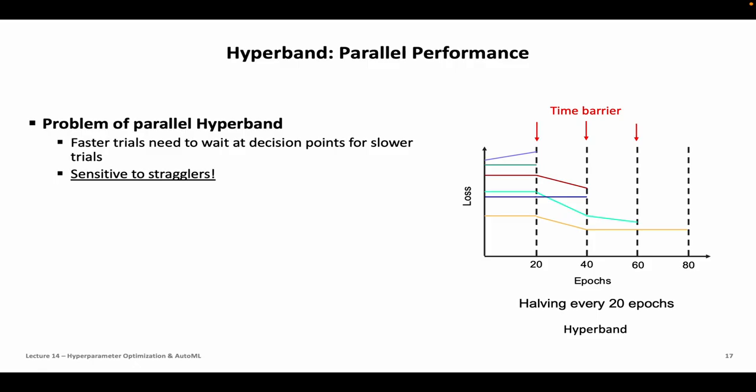So in this case, your algorithm is very sensitive to these stragglers, and these faster trials need to wait for the slower ones before they are allowed to continue. And when you have a very parallel setting with lots of different trials running in parallel, this can essentially degrade your performance by a large factor.